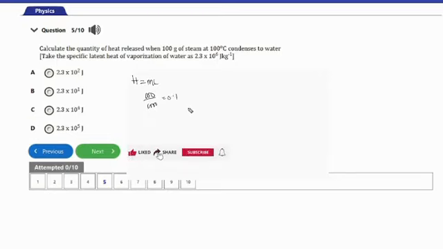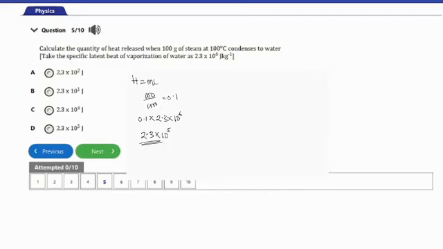So we'll multiply this by the L, which is the specific latent heat of vaporization. So that's 2.3 times 10 to the power of 6. So when we multiply this by this 0.1, we're going to have 2.3 times 10 to the power of 5, and that's option D here. So that's it for this question.